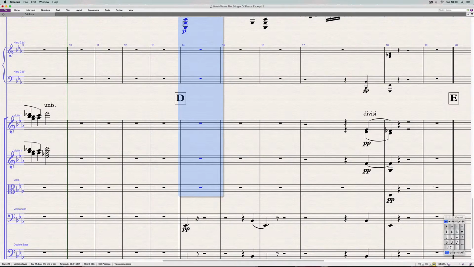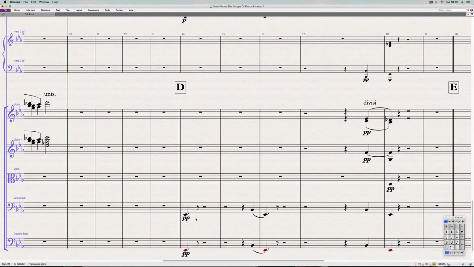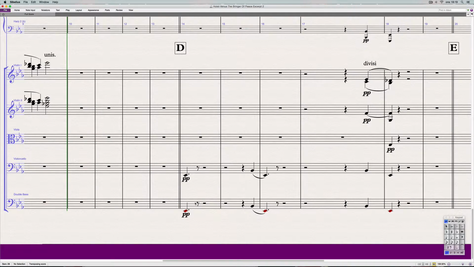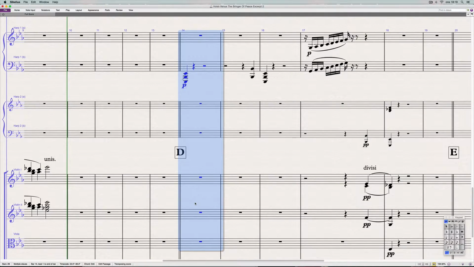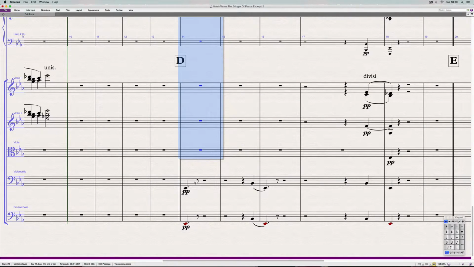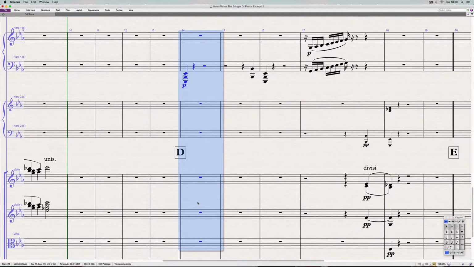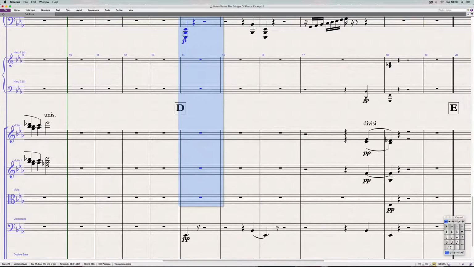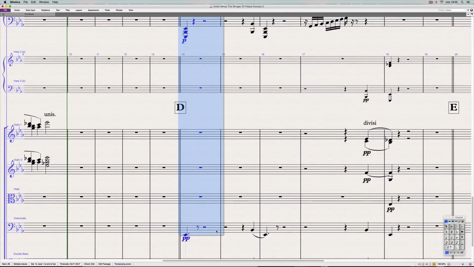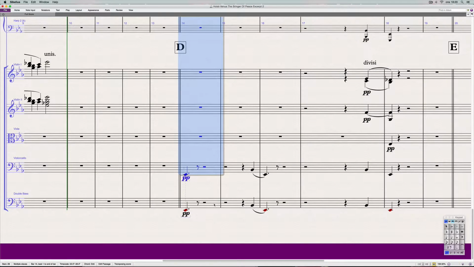I don't know if this really makes a difference when we look at the full score. And I don't know why Sibelius keeps doing that. Please work. Okay, here we go.